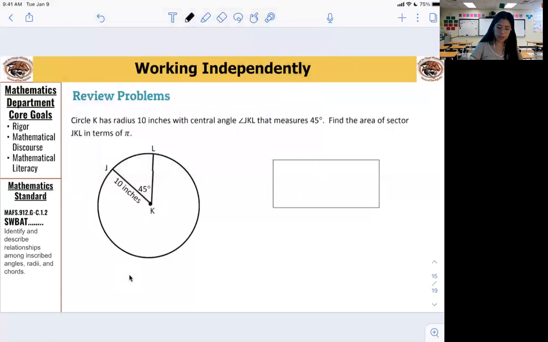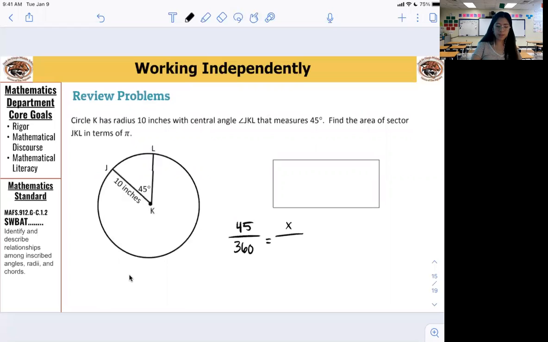Okay, let's set up our proportion. 45 over what? Oh, I have to find the area of the sector JKL. Read it carefully. 45 over 360 equals x over what?